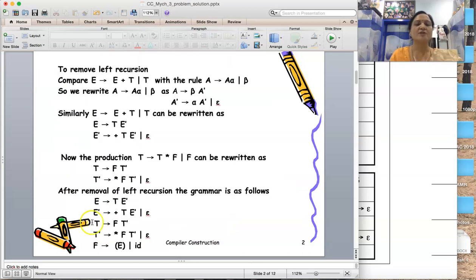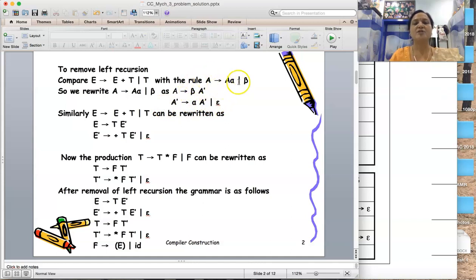So to remove left recursion, we have to use the rule: A tends to A alpha or beta. This kind of production has a left recursion. To remove the left recursion, we have to rewrite it. How do we rewrite? Instead of A tends to A alpha, we write A tends to beta A dash, and A dash will be replaced by alpha A dash or epsilon. So if you expand this beta A dash by A alpha A dash, you will get beta alpha A dash, and the second time you put epsilon for A dash, then you will get beta alpha.